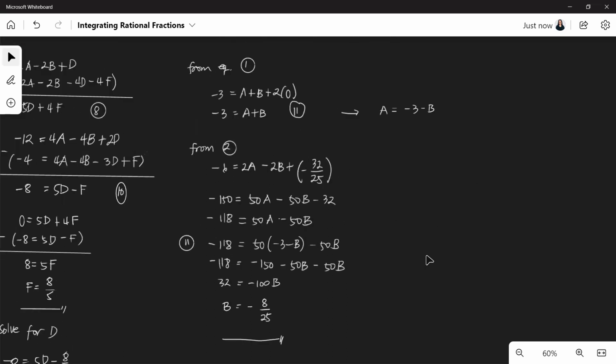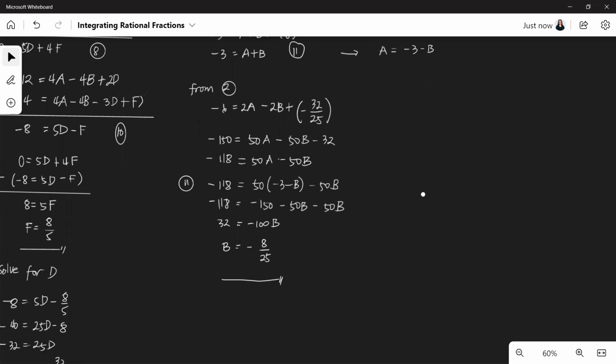So what is left now is just A. From 11, solve for A. A is negative 3 minus B, so negative 3 minus 8 over 25, which is negative 75 over 25 minus 8 over 25.